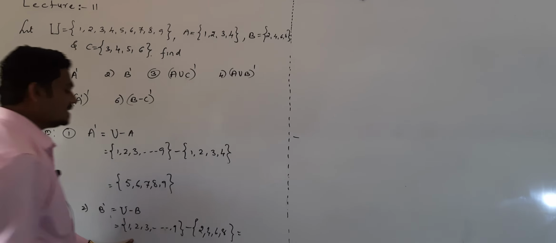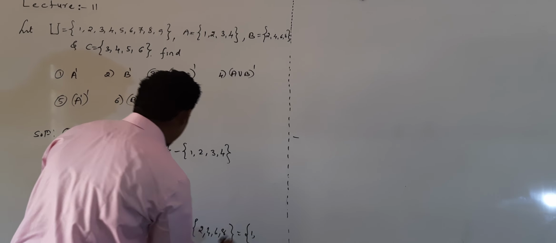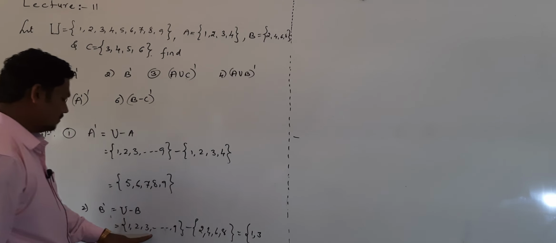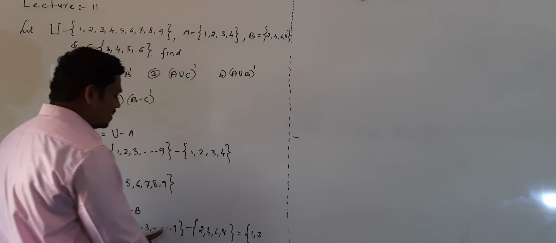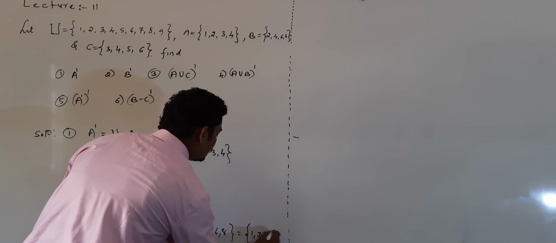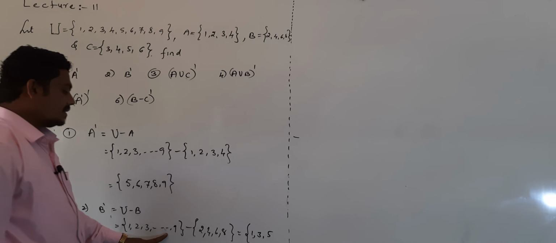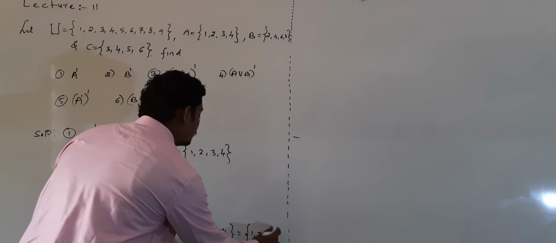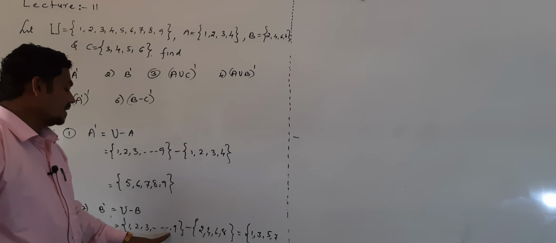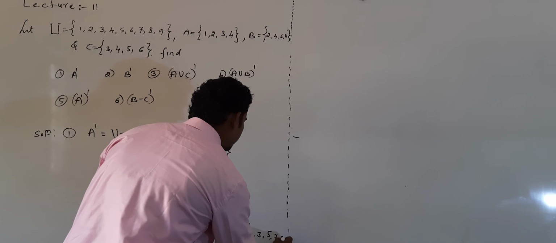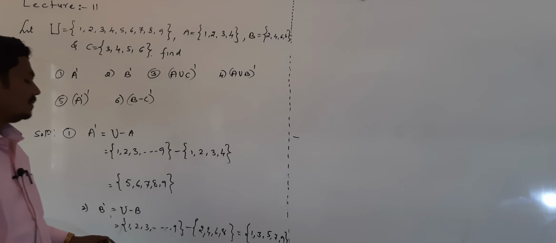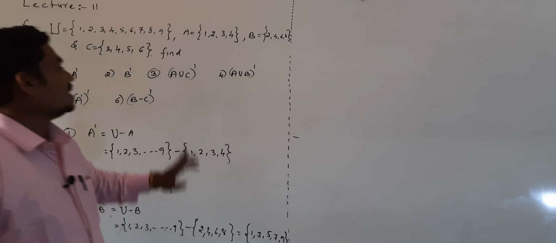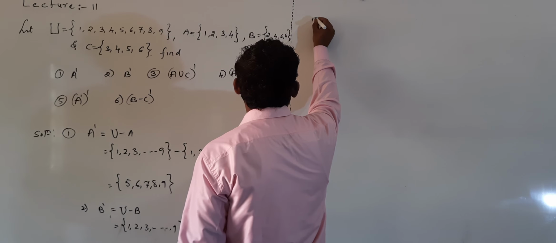That's equal to 1 which is not there in the second set. 2 gets cancelled. 3 which is not there, 3. 4 is there in the second set. 5 which is not there. 6 gets cancelled. 7 which is not there. 8 gets cancelled. 9. This is our B complement. After that, A union C whole complement.